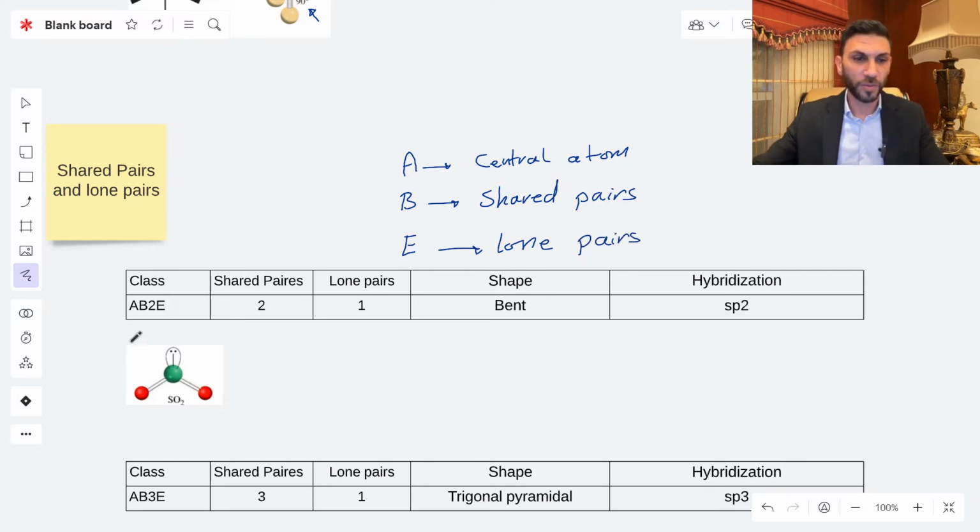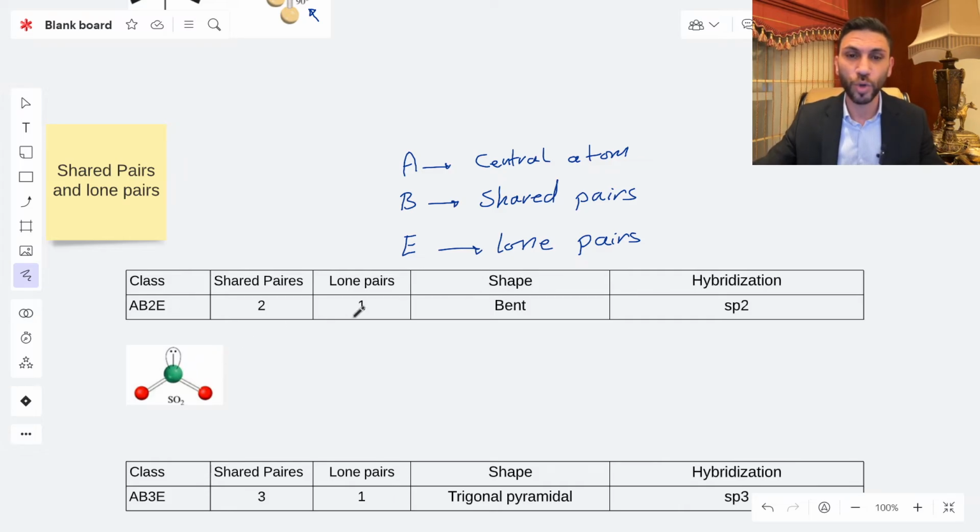Lone pairs also occupy space, and they repel the other lone pairs and the shared pairs. So in this case, AB2E, we have 2 shared pairs and 1 lone pair, on the sulfur, the central atom here.